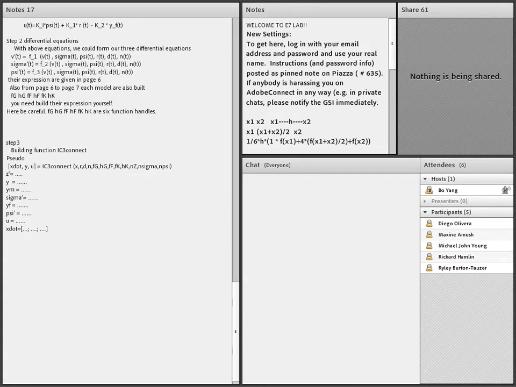So just use the 6 function handles here to build the output of this function. Be careful here, x dot is a vector output. It contains the x prime, sigma prime, and psi prime.